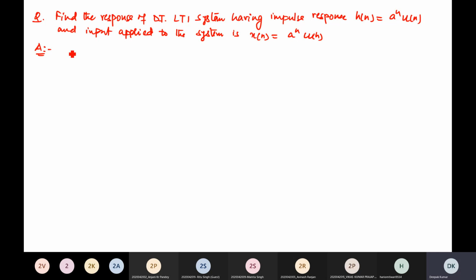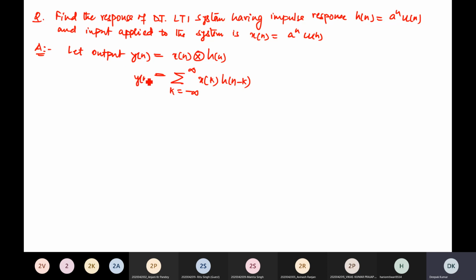To find the response of the system, y of n, let the output y of n be equal to x of n convolution with h of n, and this convolution is expressed as the sum of the infinite terms of x of k h of n minus k. This is the approach to find the response of the system y of n.